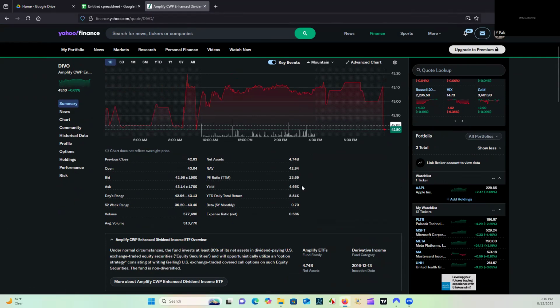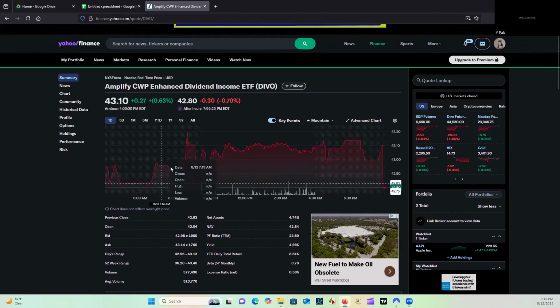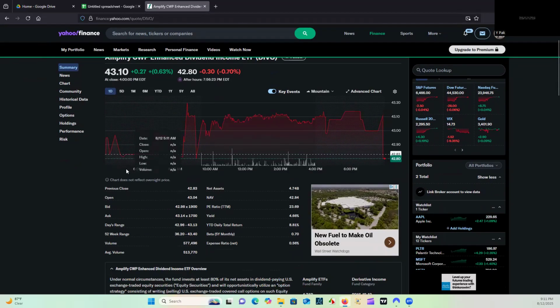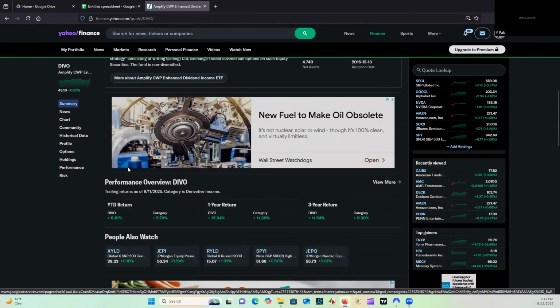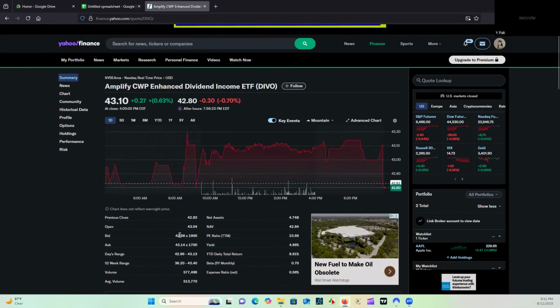So I want you to become very, very familiar with looking up yield for stocks. This is a dividend stock, or I should accurately say it's a dividend ETF, or exchange traded fund. Like I said, I'll talk about what an exchange traded fund is in a later lesson.